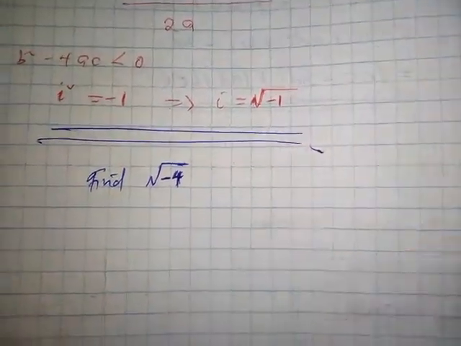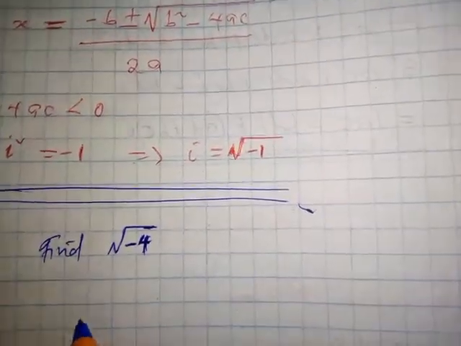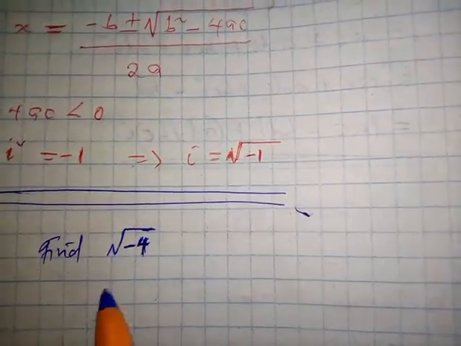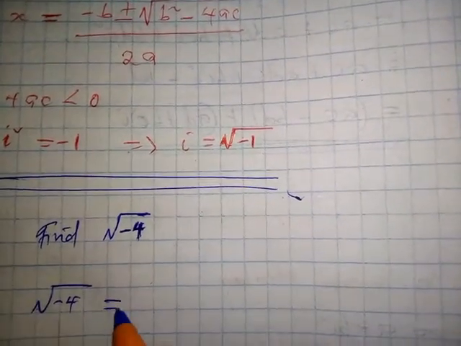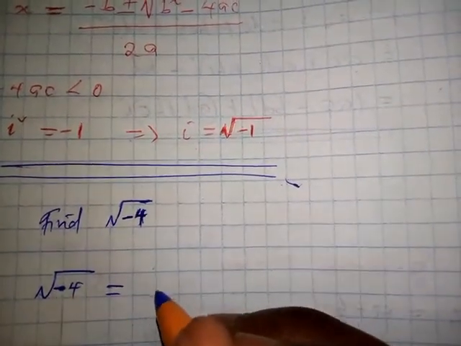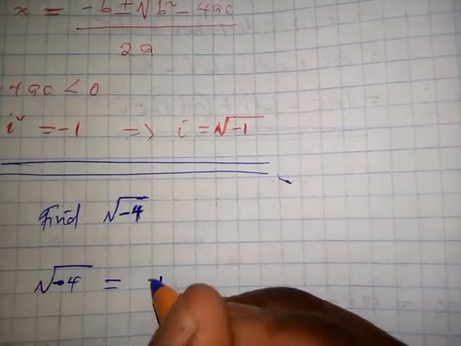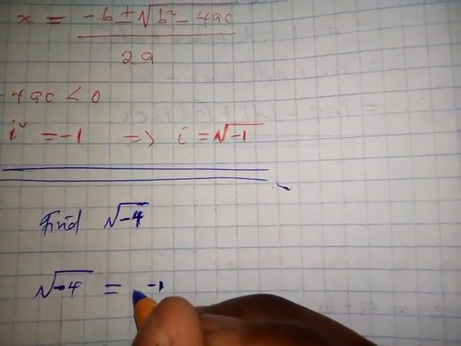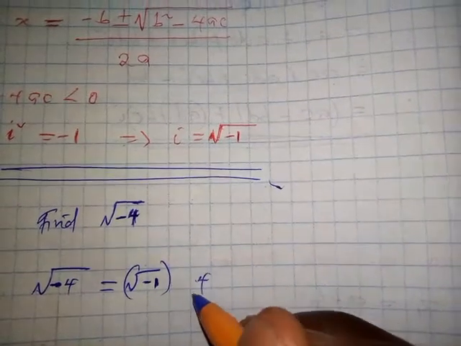So here, if you are to find the solution, you can write the square root of -4 as the same thing as the square root of -1 times the square root of 4.